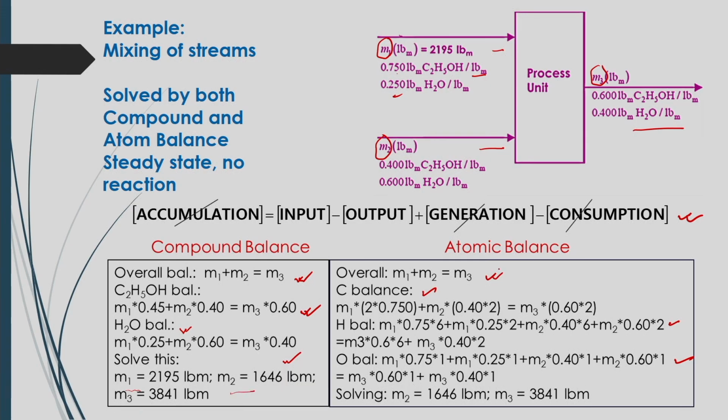And similarly, based on the atomic balance also you can solve this and you can get M1, M2 and M3. Now, very interesting, you can have the same value of M2 and M3, even M1, based on the compound balance and atomic balance equation. So, either you can do the compound balance or atomic balance just based on this material balance equation.